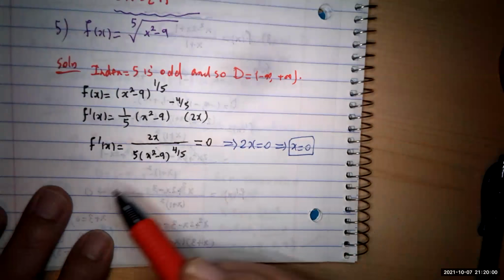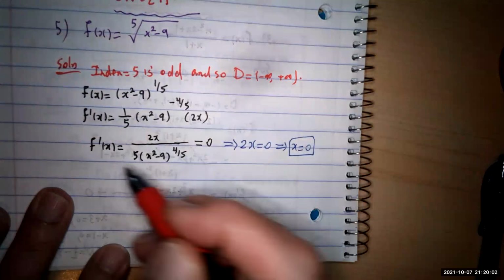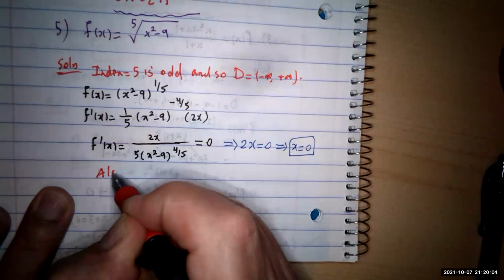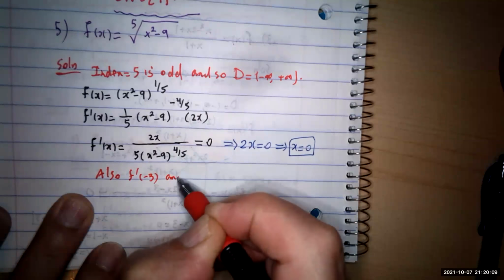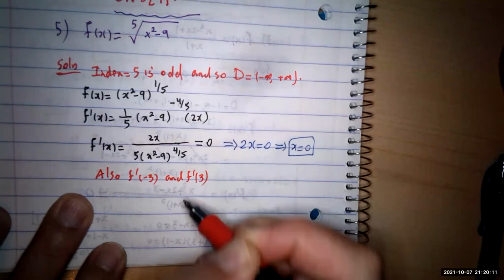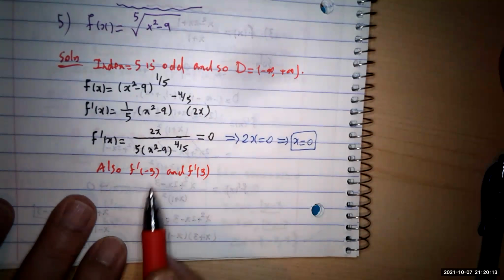Also, f prime of negative 3 and f prime of positive 3 do not exist, because the denominator is 0 at 2 points.